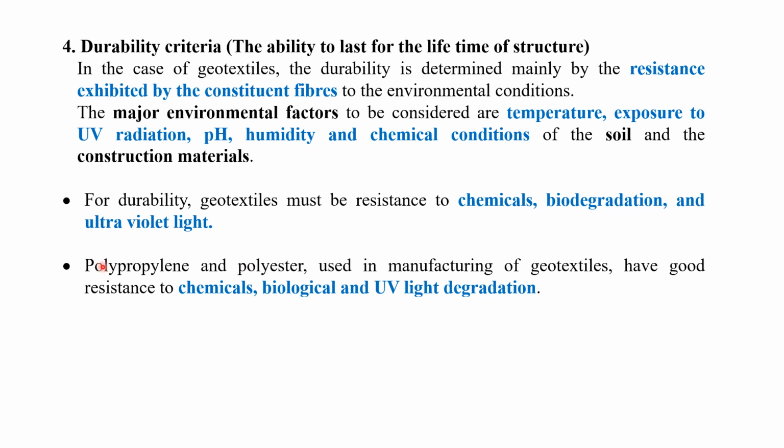So it is always better to manufacture the geotextile sheet to be durable and to act as a filter material if it is manufactured using polypropylene and polyester, right? Polypropylene and polyester used in manufacturing geotextile have good resistance to chemical, biological and UV light degradation.